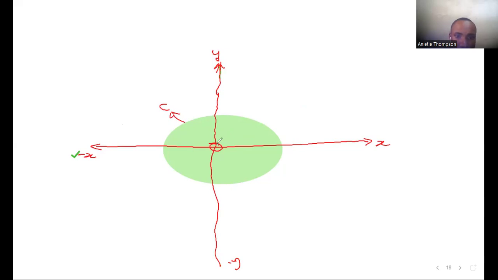I decide to pass like this and say this is my L curve. And I can call this point A and call this point B.